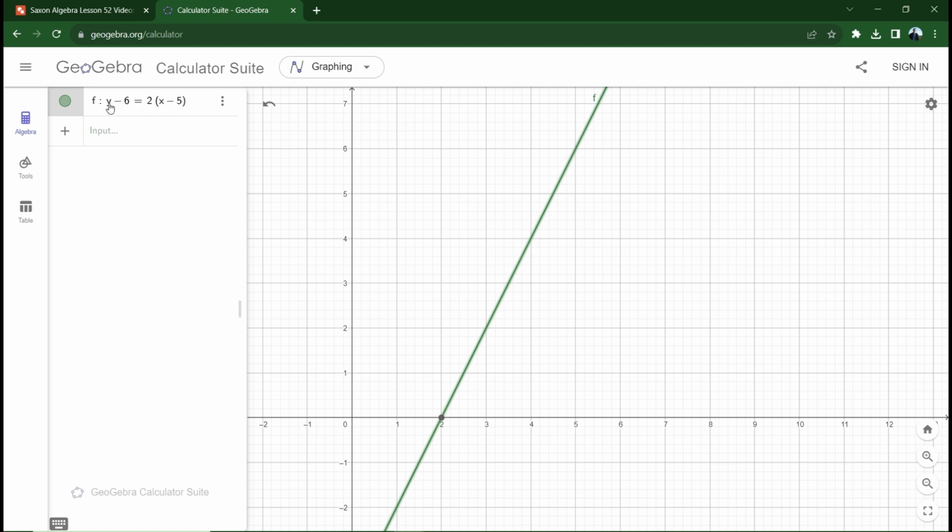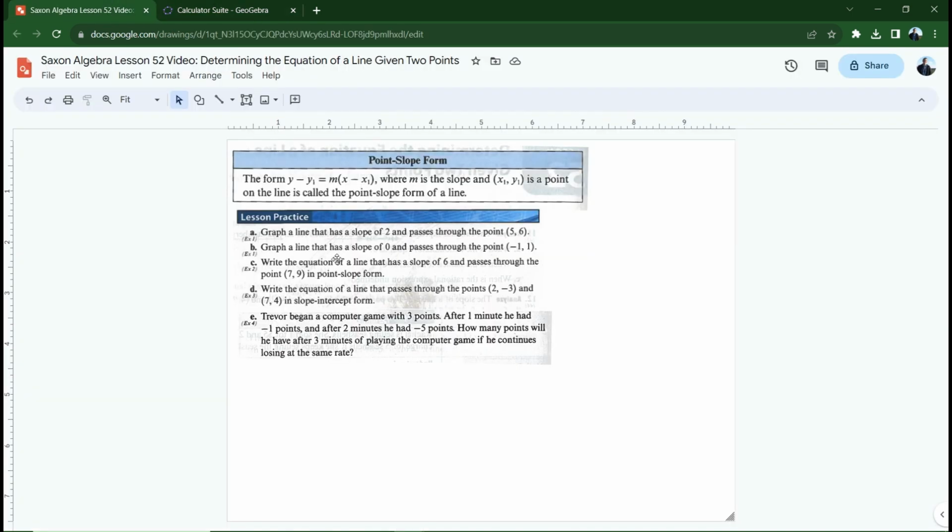So instead of just writing y on this side, I wrote y minus 6 equals 2 times, the other coordinate was a positive 5, so it's x minus 5. And what that does is it guarantees that the point 5, 6 is going to be on my graph, and it's going to have a slope of 2. So it goes up 2 over 1. All right, that's how I would graph this one.